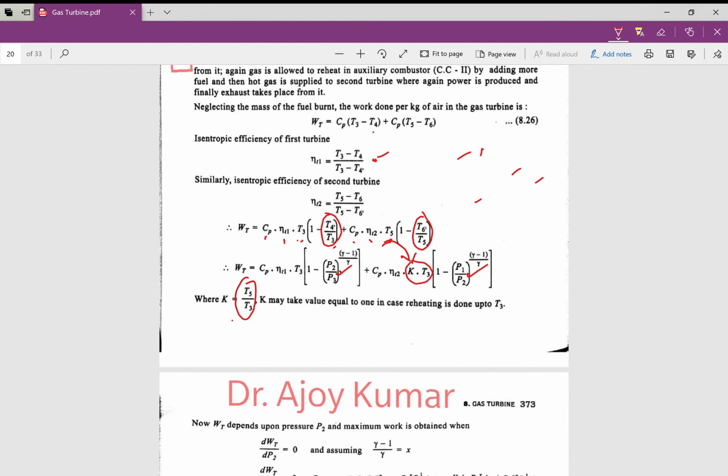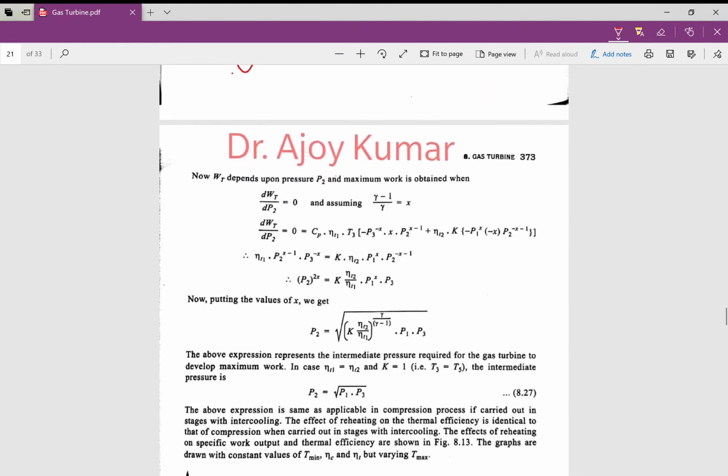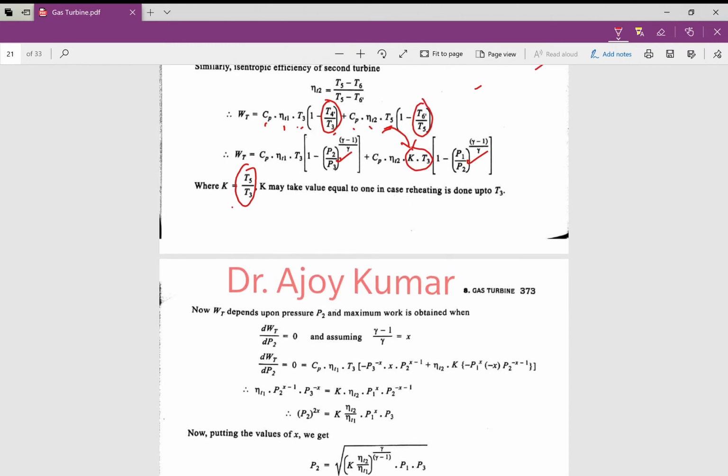So dear students, look here. The maximum temperature before entering both turbines is considered to be the same. T3 is equal to T5. Right? If these two are equal, then the factor K will be equal to 1. So K is a ratio of T5 upon T3.